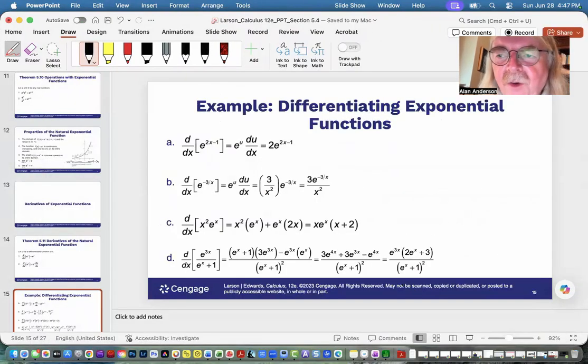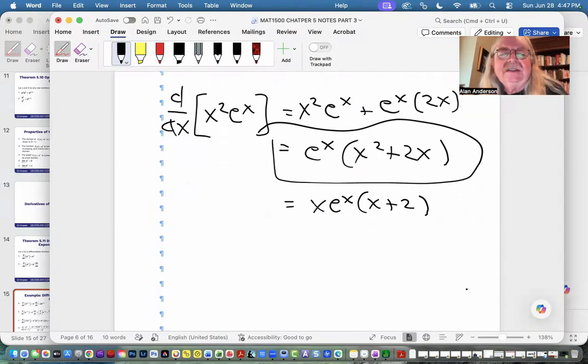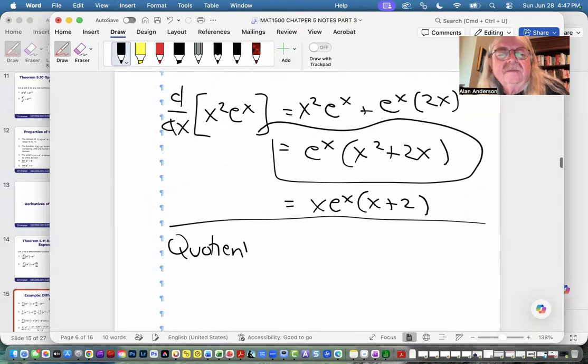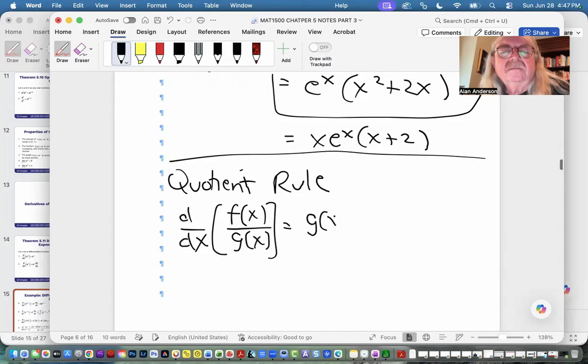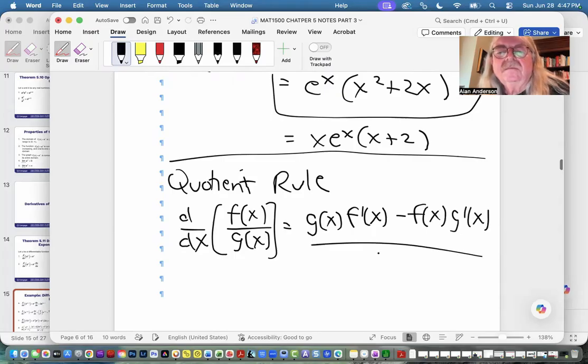And then, of course, we have a quotient rule. Let's remind ourselves how that works. All right.